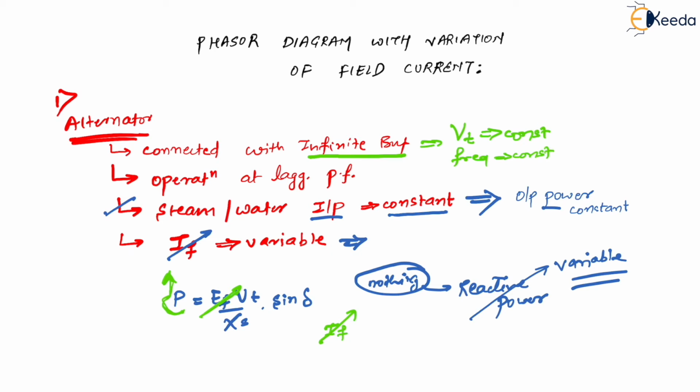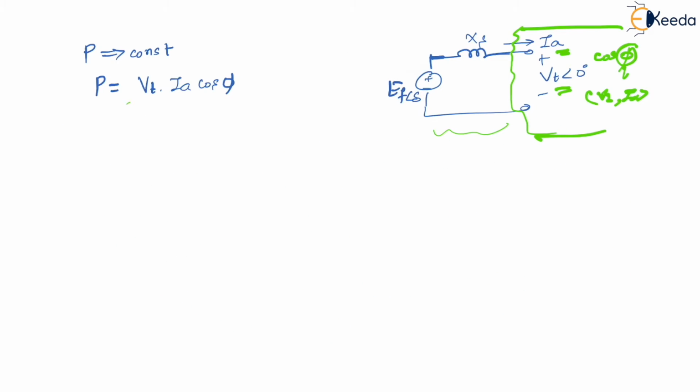Because for infinite bus we have seen that Vt and your frequency has to be constant at any cost. That means your Vt is constant, correct? And your output power is also constant. Yes or no? What does this imply? This implies that if your power is constant, if your Vt is constant, it means that your Ia cos phi has to be constant.